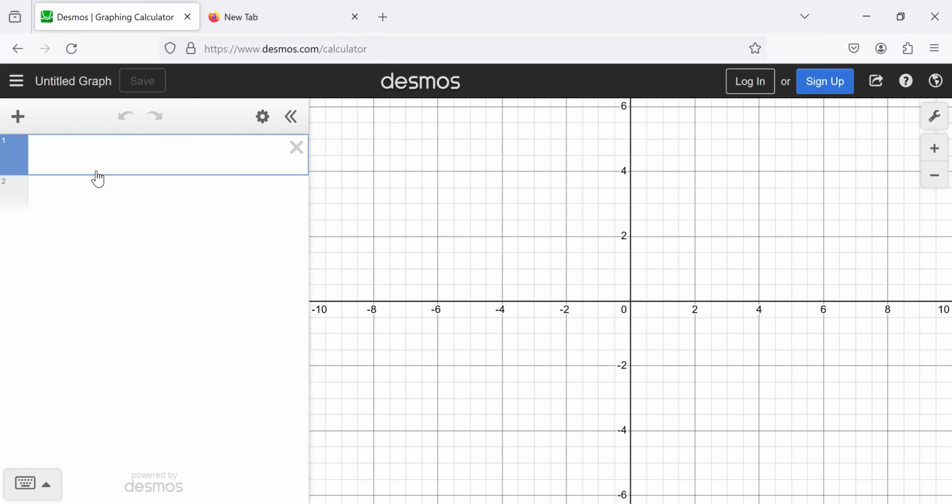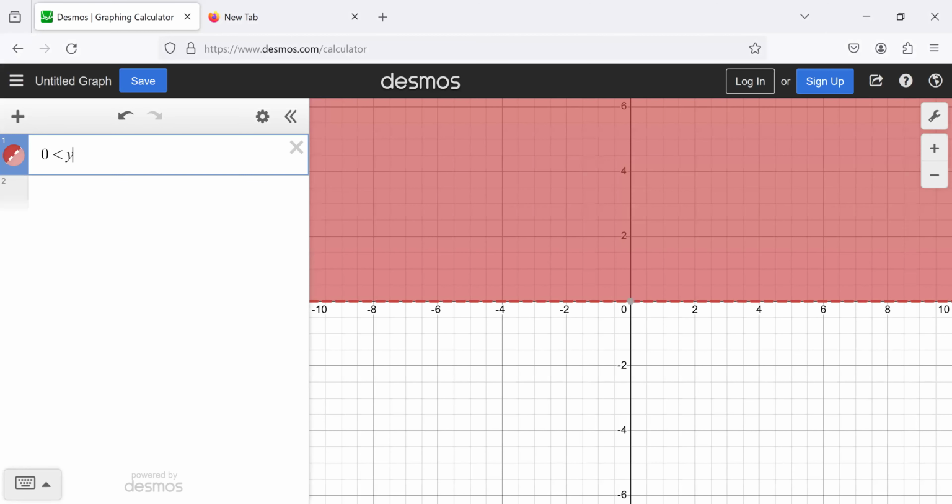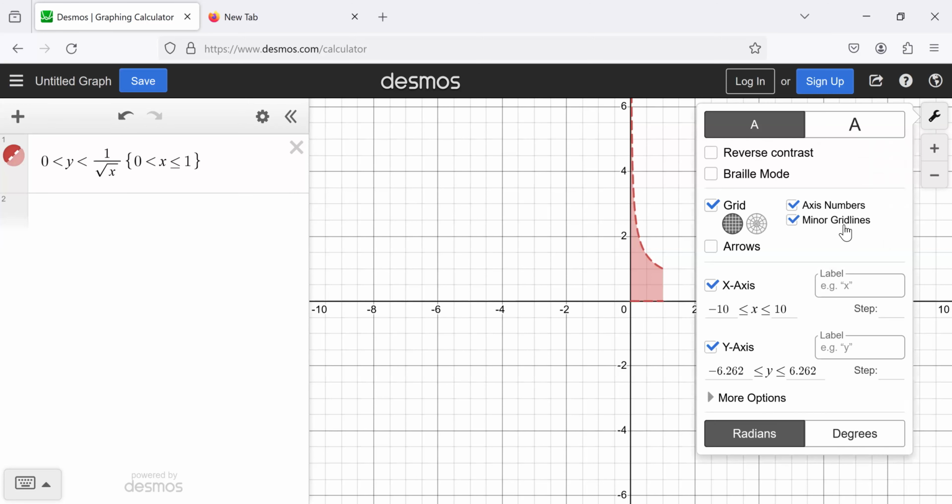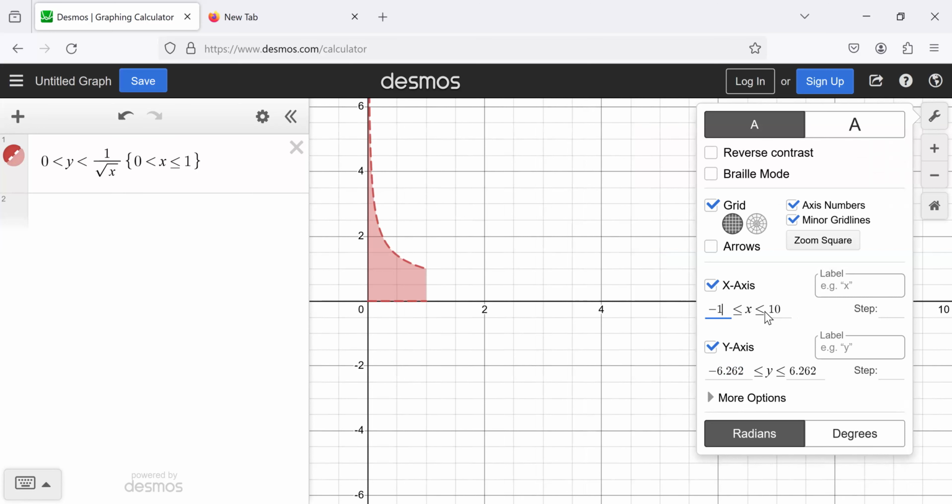Let's take a look at the area under this curve on the interval from 0 to 1. And let me mess around with these graph settings so that the stuff we actually care about is made more prominent.